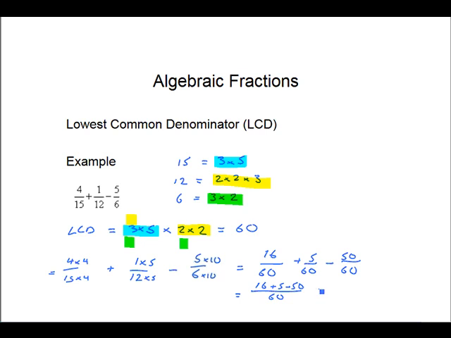Now we'll just do what we did earlier in the course: go left to right. So our answer is negative 29 on the top over 60.